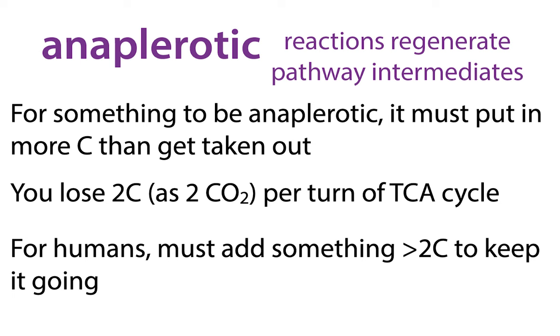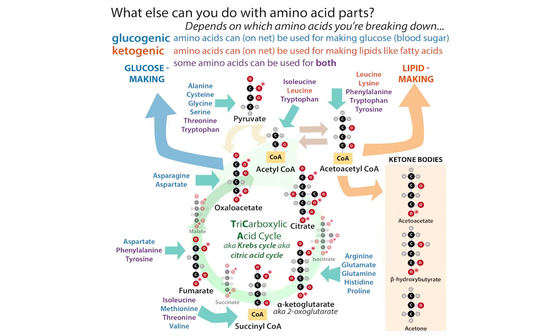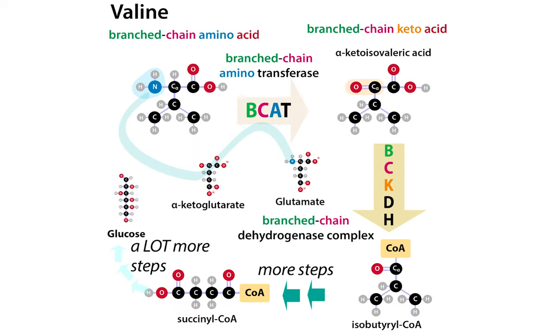And so we can often use the skeletons from those amino acids to feed into the cycle. And because we could take malate to make oxaloacetate to make glucose out of the cycle, if we then replenish the cycle with an amino acid, we say that the skeletons from amino acids that can enter the tricarboxylic acid cycle, the TCA, and are more than 2 carbons long, are what we call glucogenic, because we can sustainably make glucose from them.